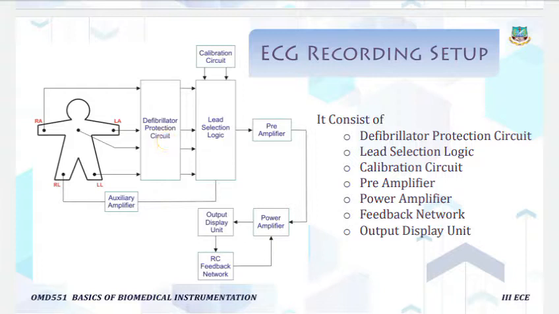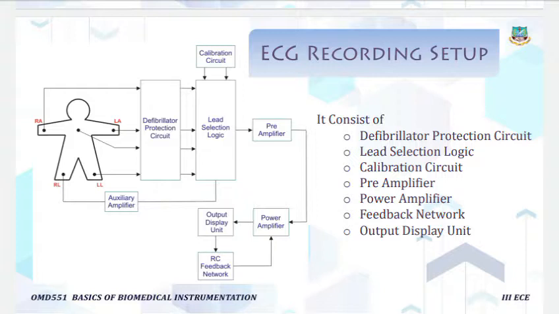This defibrillator protection circuit consists of a power amplifier as well as an overvoltage protection circuit. If some overvoltage comes in, it will be protected by this defibrillator protection circuit.